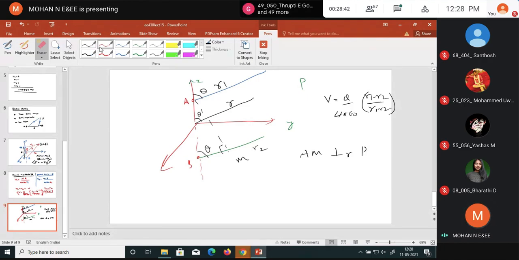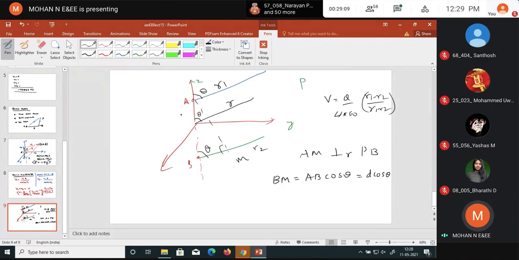As a result, BM is equal to AB cos theta. BM is equal to AB cos theta, and that is nothing but d cos theta.